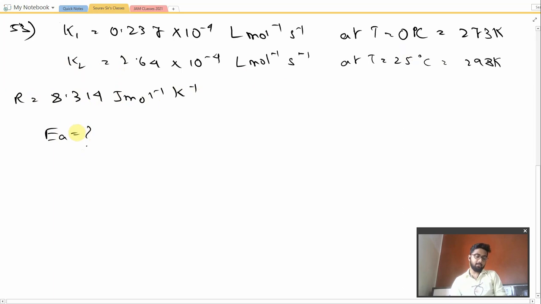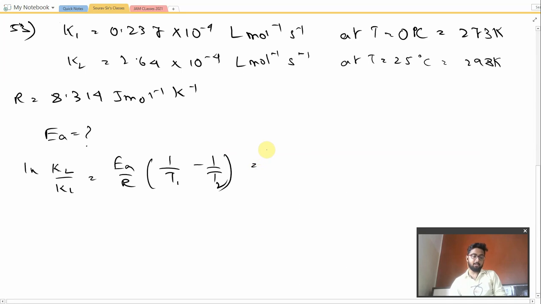Let us write the formula down over here. The basic formula from the Arrhenius equation is ln K2 by K1 is equal to EA by R into 1 by T1 minus 1 by T2. Let us put the values over here.